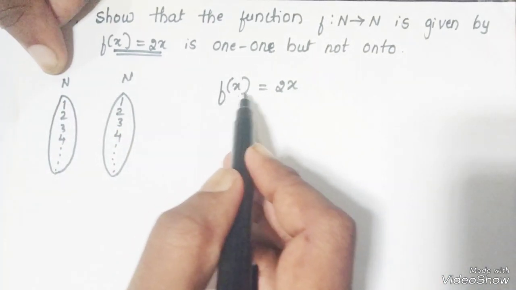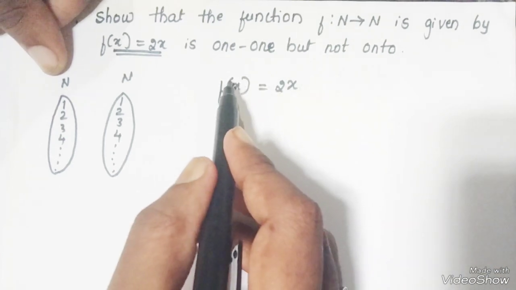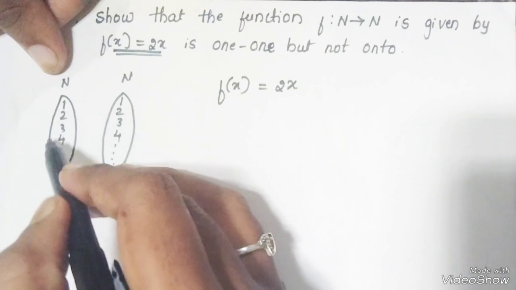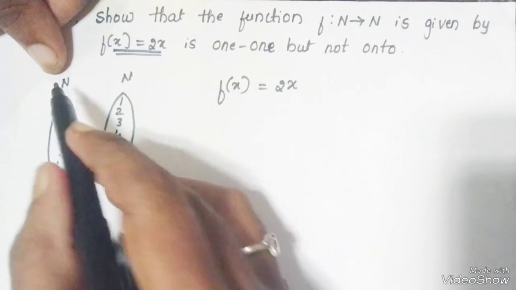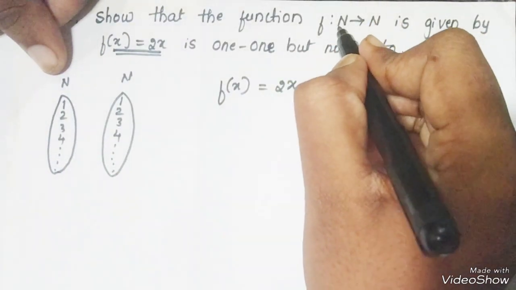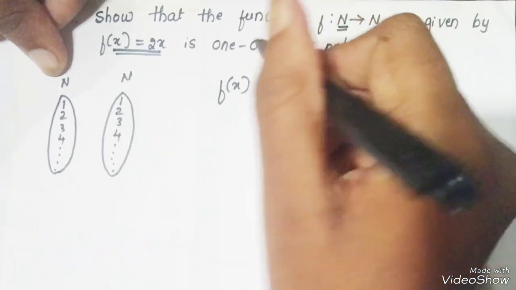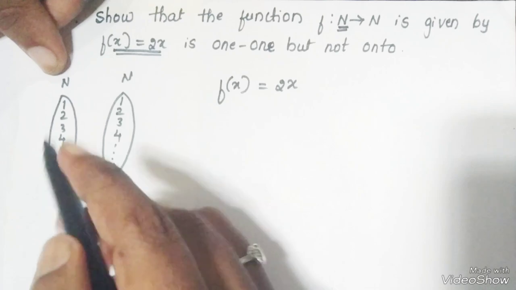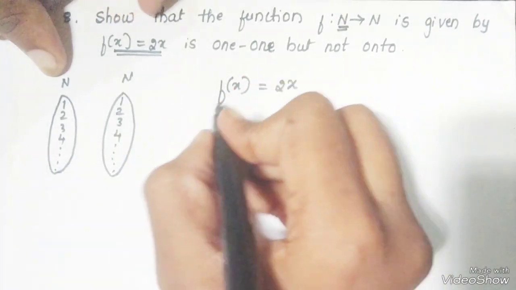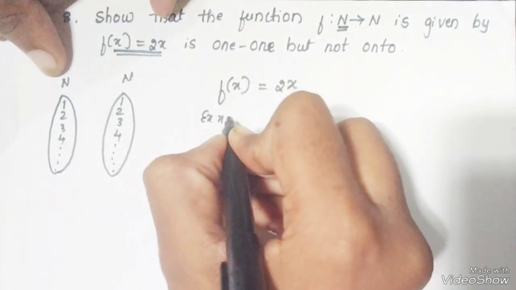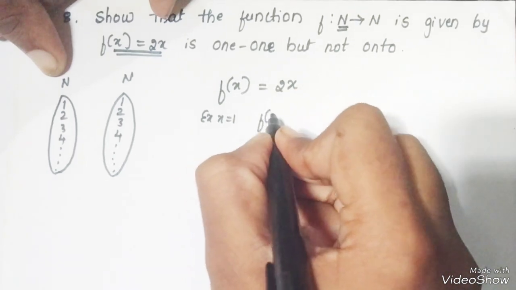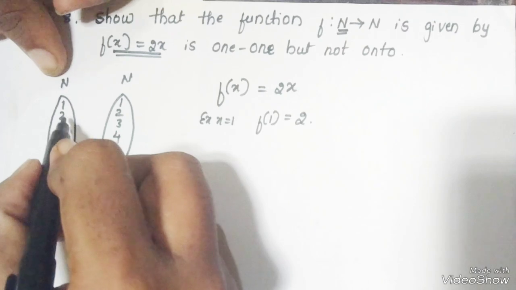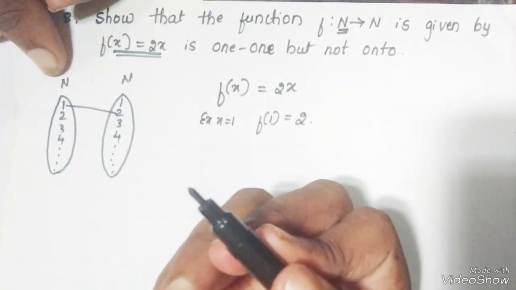Here f of x equals 2x means the elements x are taken from the set of natural numbers, as the domain. For example, taking x equals 1, f of 1 equals 2. So 1 is related with 2.